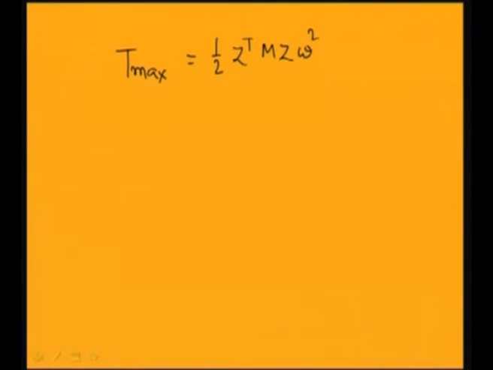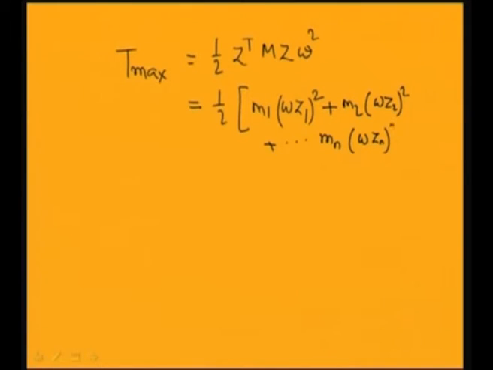Similarly, if you choose this Z matrix in such a way that it yields a unity matrix, then if I expand this, it can be written as half m1 omega z1 square plus m2 omega z2 square, and similarly on to mn omega zn square.